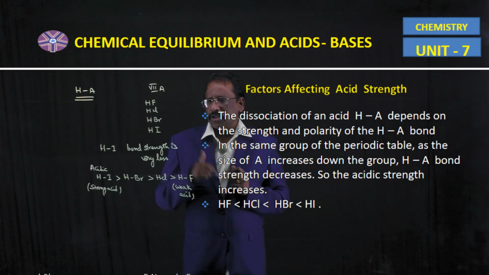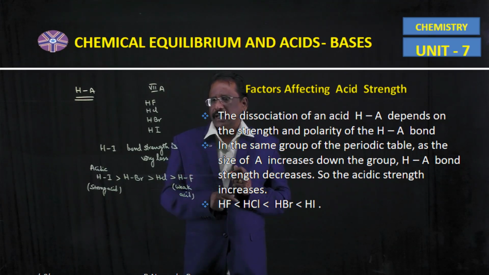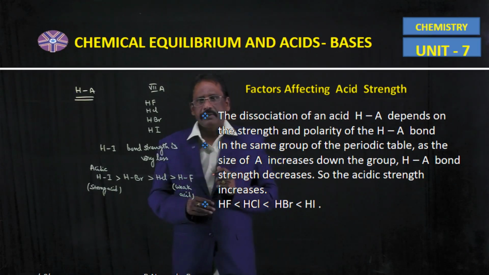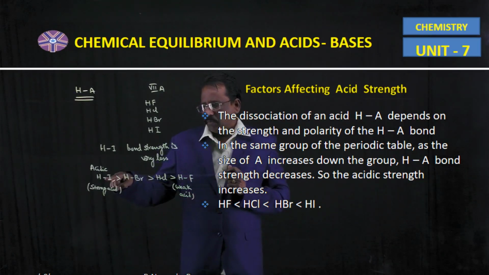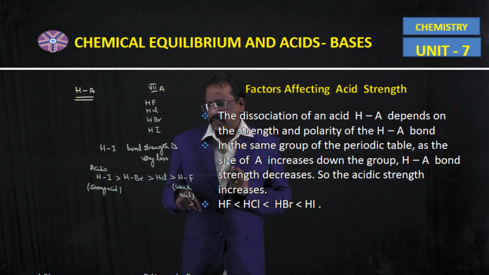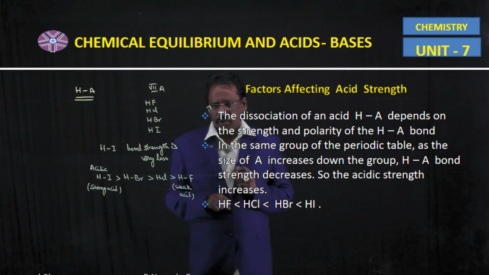Hydrogen is the lightest element. So the smaller cation is stabilized by the smaller anion. That's why this bond strength is more. That's why acidic nature is less. Here the bond strength is very less, because cation size is very less, anion size is very large.